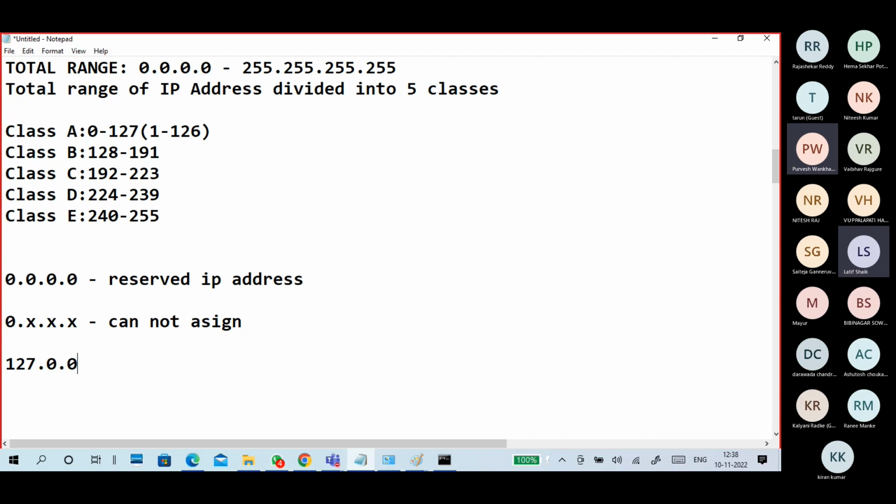Same goes for this one, also reserved, but this has a story. It is a loopback address, or we can say a localhost IP address.